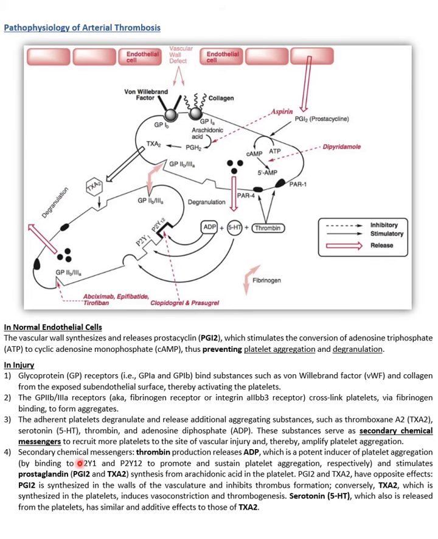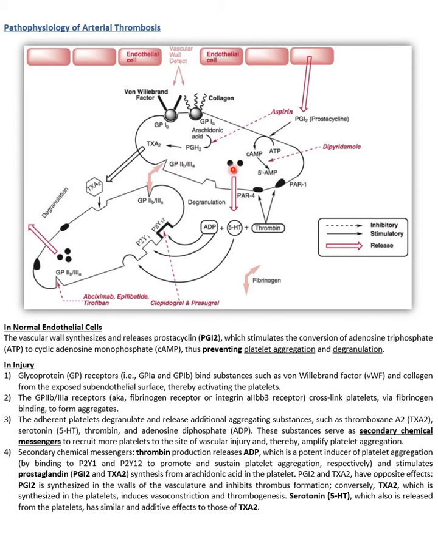Examples of these chemicals are listed here as other secondary messengers such as thrombin, ADP, serotonin, also known as 5-hydroxytryptophan. Anyway, so the job of the cyclic AMP is to prevent the platelet aggregation, the platelets sticking together, and also prevents the release of these materials.